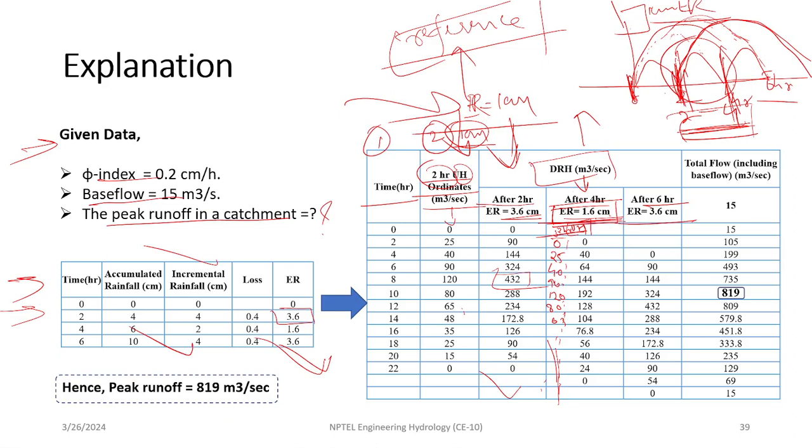But for the 4 hour unit hydrograph, after 4 hours, you are getting a maximum peak of about 192.